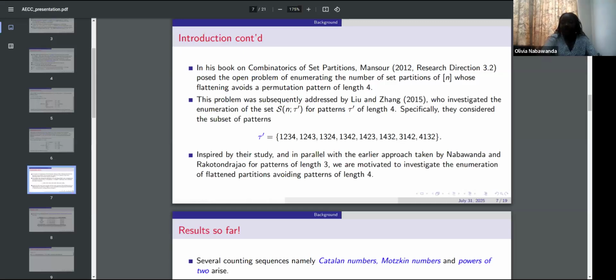This problem was addressed by Liu and Zhang in 2015, where these two investigated the number of set partitions whose flattening avoids each of the patterns of length 4. The results I'm presenting here are from Liu and Zhang. And for us, we now wanted to see which sequences we get if we look at the avoidance of each of these patterns of length 4 on the distinct flattened partitions.